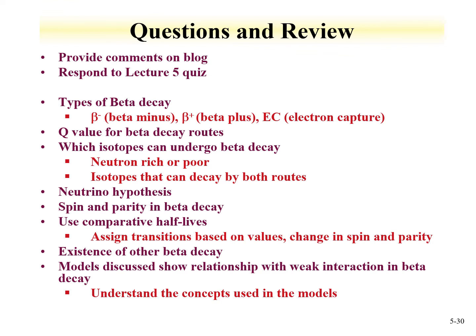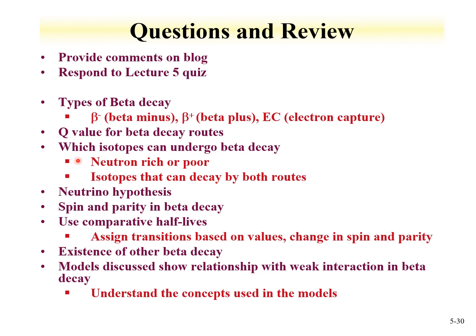As a review, the information that you should take out of this lecture is that beta decay really describes three different types of beta decay: beta minus, beta plus, also called positron decay, and electron capture. We did review how Q values are calculated for beta decay routes, and you should be able to calculate the Q value for beta decay. You should be able to identify where on the chart of the nuclides beta decay isotopes occur and which types of beta decay occur.